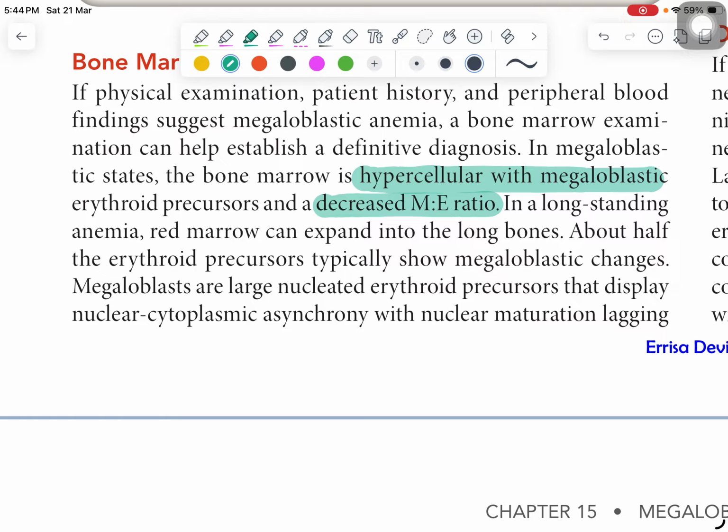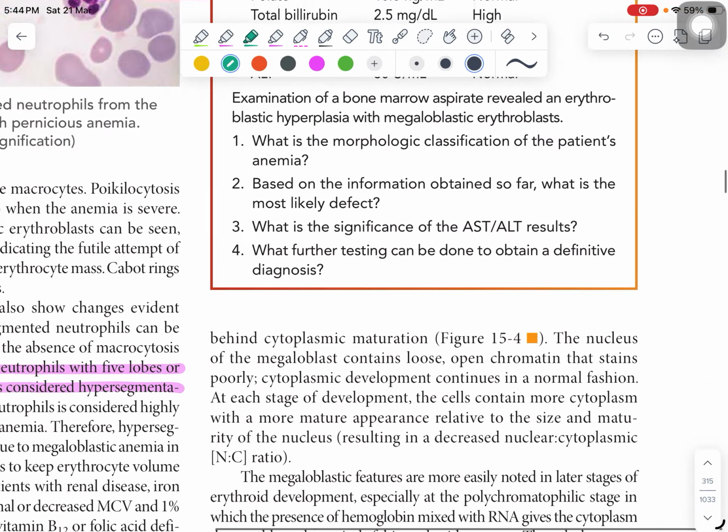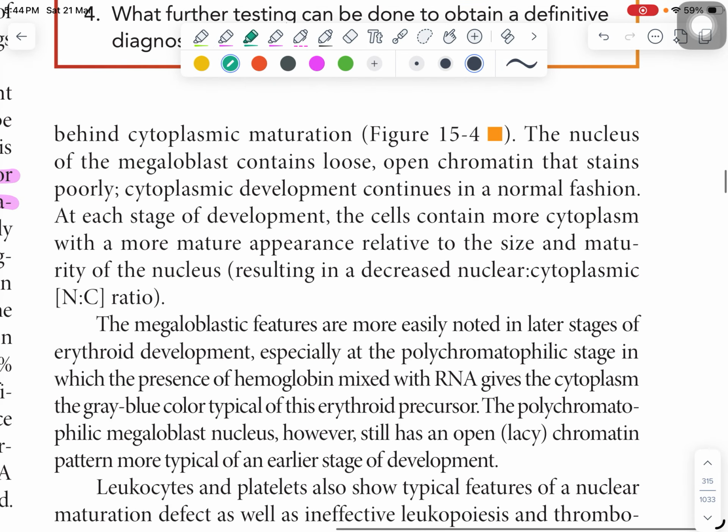Megaloblasts are large nucleated erythroid precursors that display nuclear-cytoplasmic asynchrony, with nuclear maturation lagging behind cytoplasmic maturation. The nucleus of the megaloblast contains loose, open chromatin that stains poorly. Cytoplasmic development continues in a normal fashion.